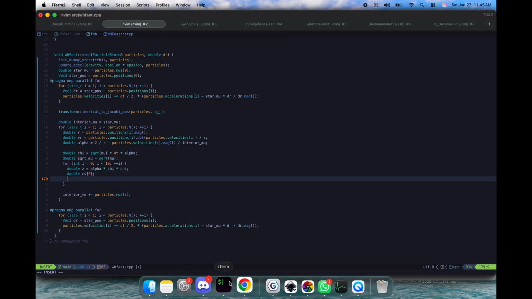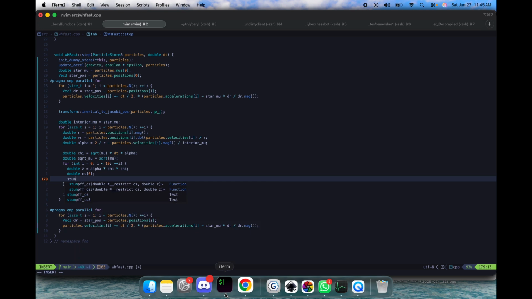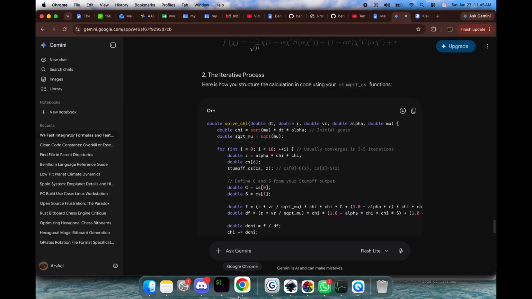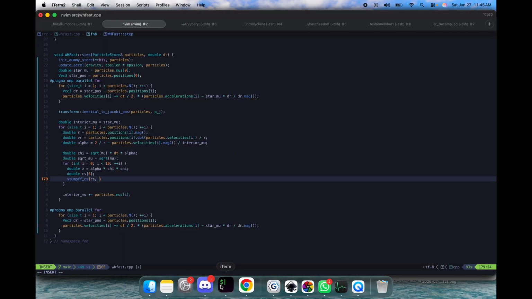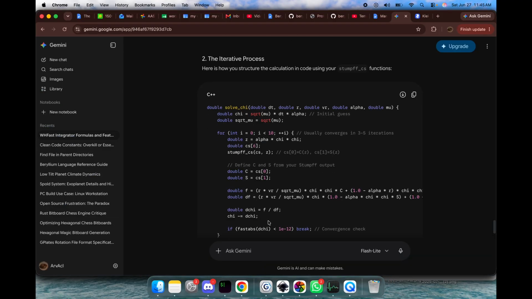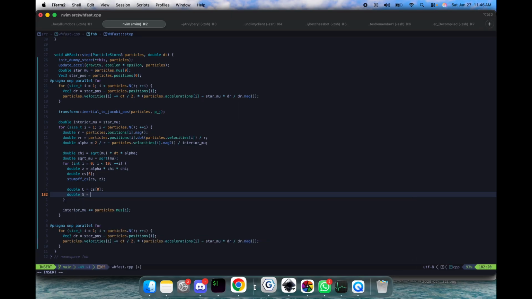This is what I like to call peak coding. Stumpf CS, and we combine CS with Z. Double C equals CS index 0, double S equals CS index 1.